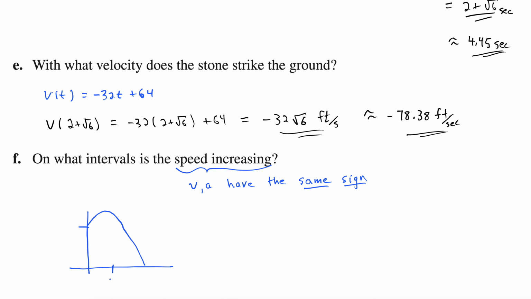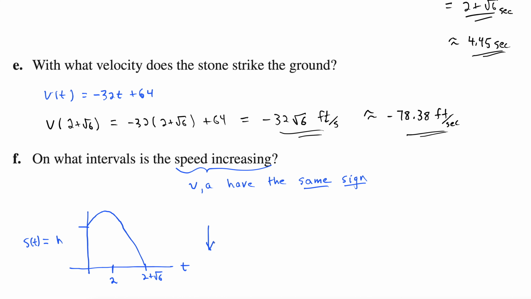It hits a maximum height at 2, and then this is the time axis here. This is height, or we can call this s of t here, the y-axis. Okay, so it maxes out at 2, hits the ground at 2 plus rad 6 seconds, and the acceleration is always negative in this case. It's always going down.